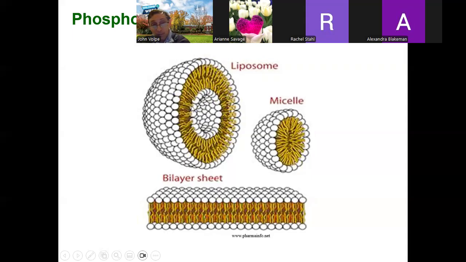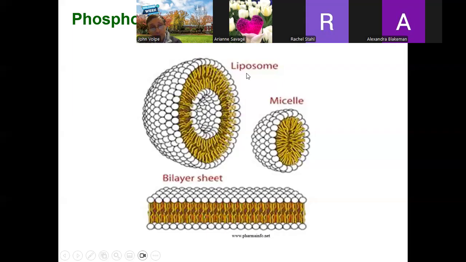Then we have the tails of the phospholipids together because they don't like to be around water. They like to be around other lipids like the tail of the phospholipid. And then on the outside, we have the heads because outside this membrane will be water, and the heads like to be around water.